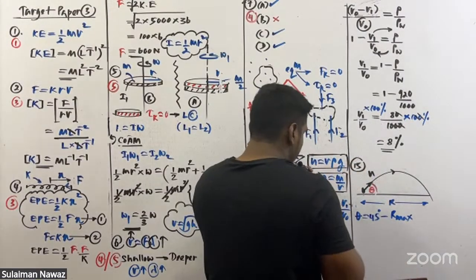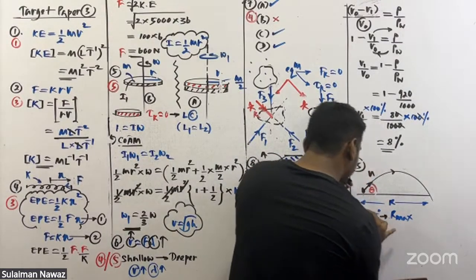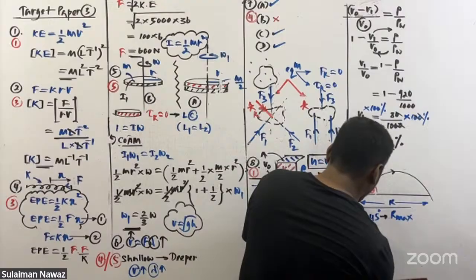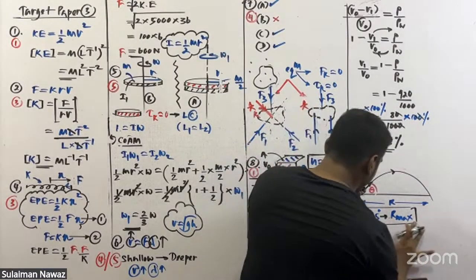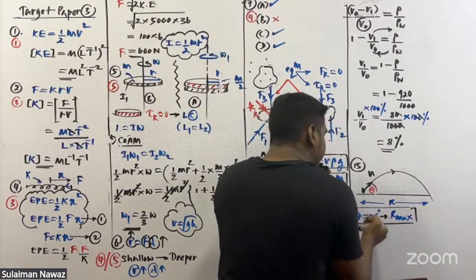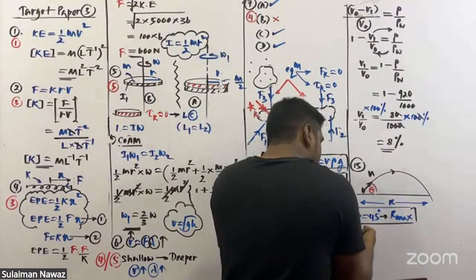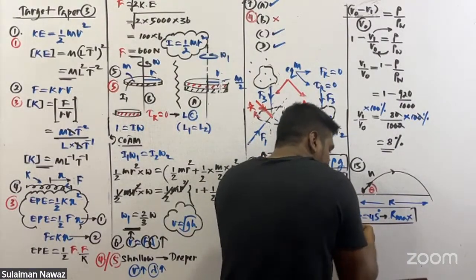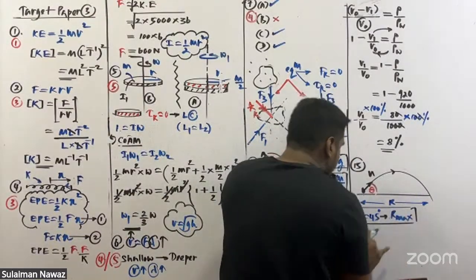Next story is, when you are increasing your projection angle from 0 degree to 45 degree, your horizontal range R increases.